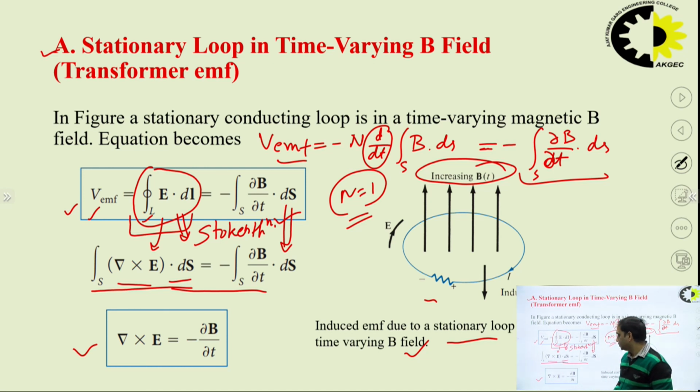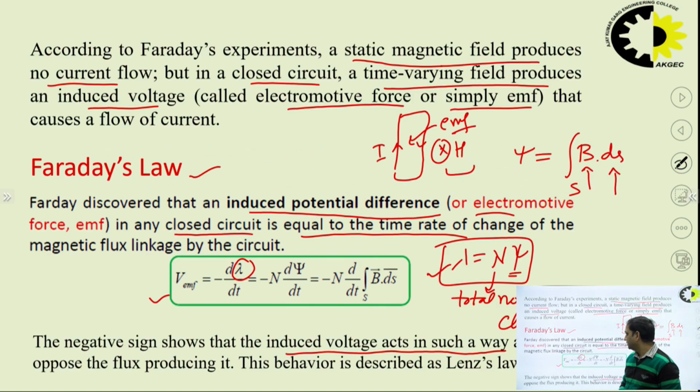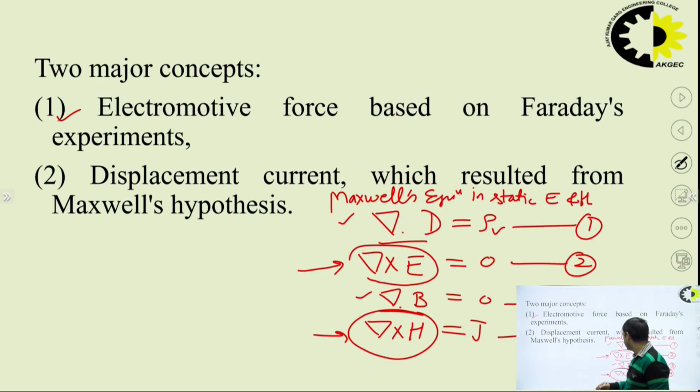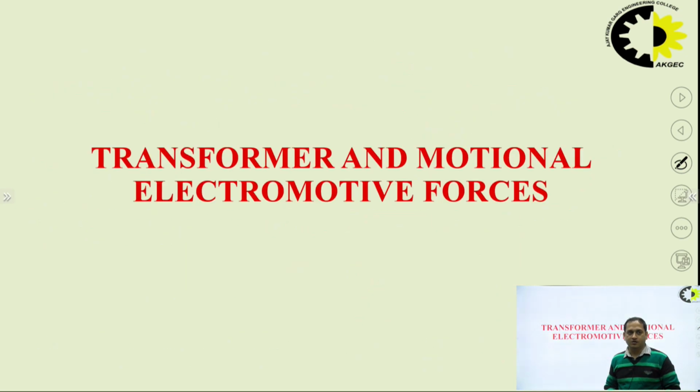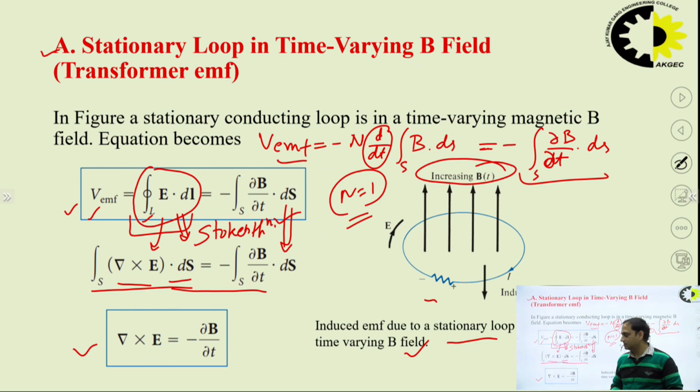In the static field case, we discussed that del cross E was equal to 0 for the static electric and magnetic field. But now this is changed: del cross E is equal to minus del B upon del T. If B is a time varying field, B is changing with time.